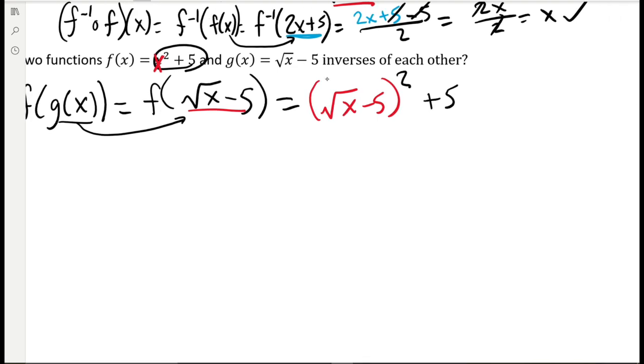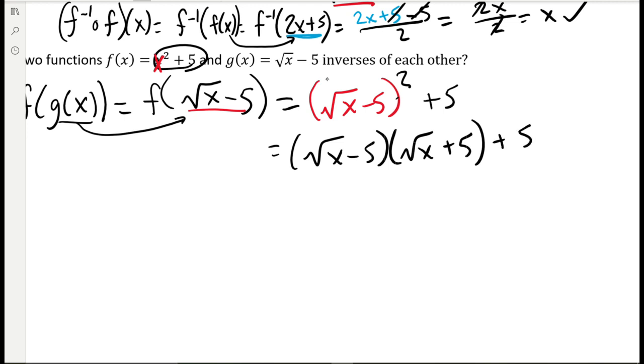And now we're going to go ahead and actually FOIL this out. So this right here is a FOIL, so we replace this with square root of x minus 5 times square root of x plus 5, and then plus 5. All right, so we got a FOIL. Square root of x times square root of x is x.